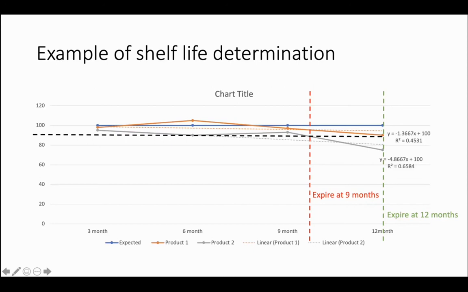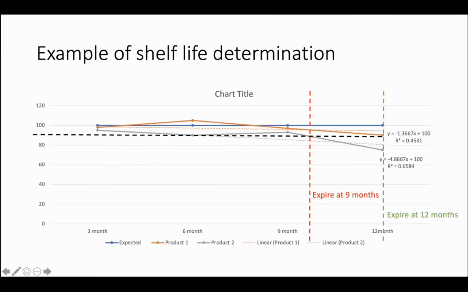So if you can see in this graph, for product 1, the concentration of the drug remains higher than 90% throughout the stability study. So we can say that the expiry of the product is at 12 months.